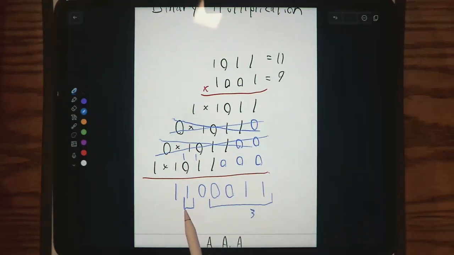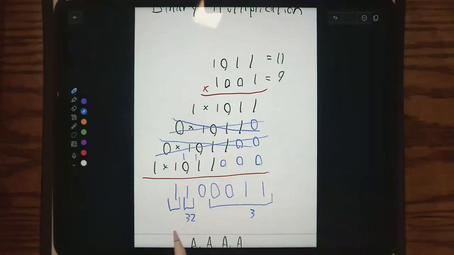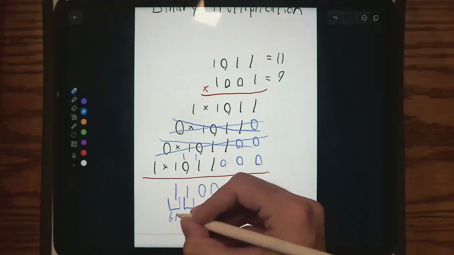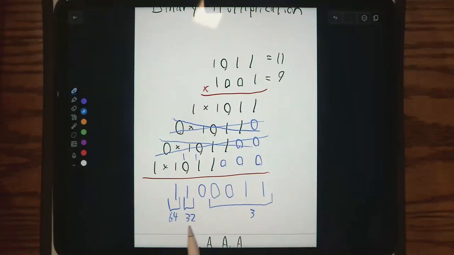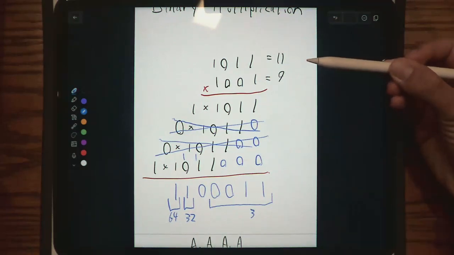There's 1, 2, 3, 4, 5 zeros in front, so I think this one bit is going to be 32. And this bit right here is probably double 32, so 64. What is 64 plus 32? 96, yep, and then plus 3, 99. Did we win? We won, yeah, 99. Cool, so there we go.